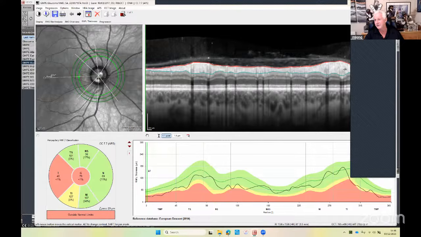We can see that there's a couple of nice thick areas, temporal superior, temporal inferior, but it looks a little bit thin on the edges here, on these temporal areas, okay? And that's what's flagging up here.